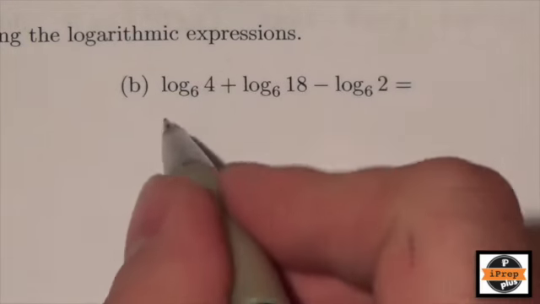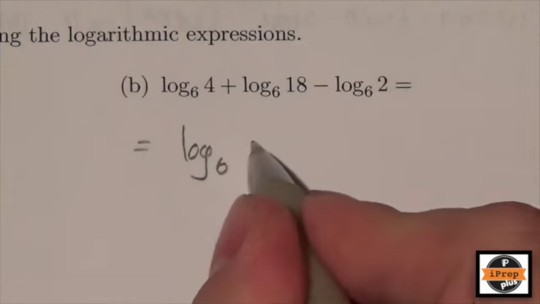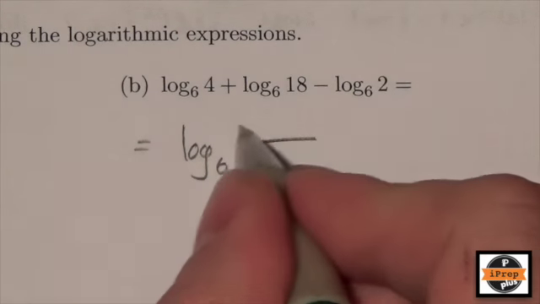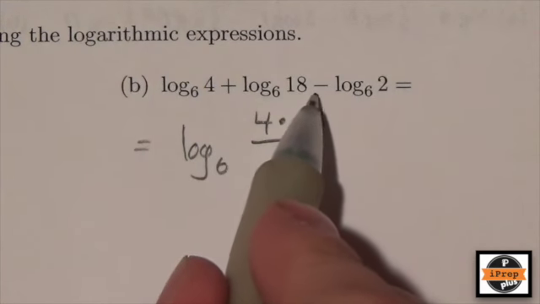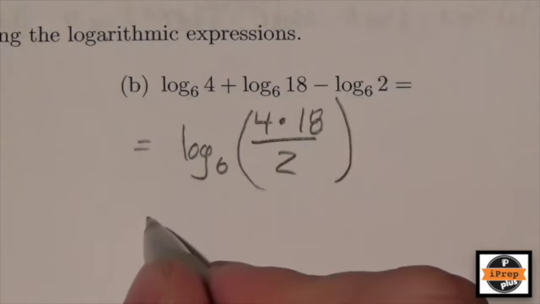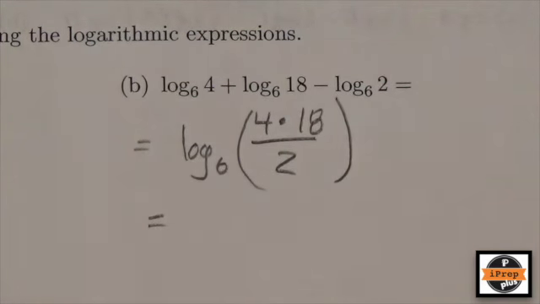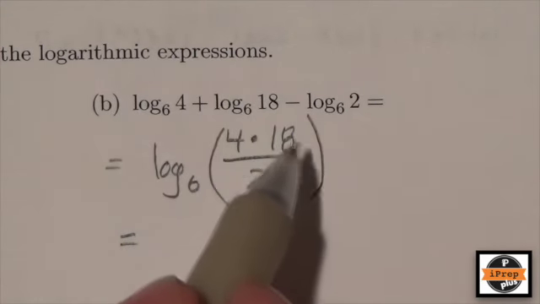In this case, I can do this in 1 step. This is going to become the log base 6 of, in my numerator, 4 times 18. Then because I'm subtracting the log base 6 of 2, that 2 will end up in the denominator. Where this gets confusing for people is if there are multiple terms with negatives in them, and they start thinking about dividing the negative. What ends up happening is people inadvertently put stuff that's negative up in the numerator.